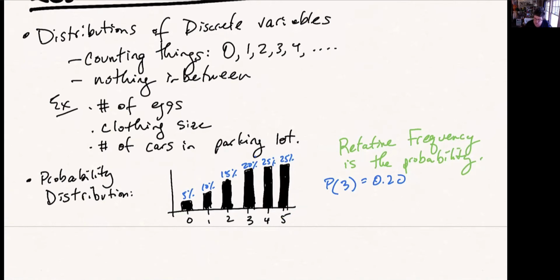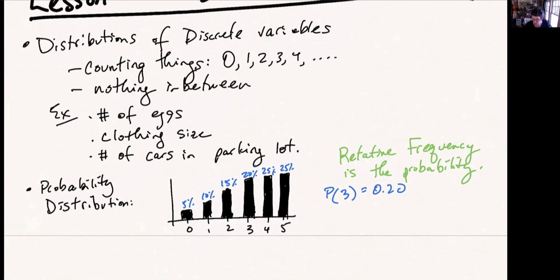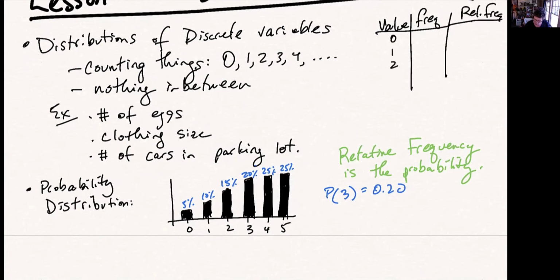If we have a frequency distribution table, it would look like this, where I'd have 3 columns: the value, the frequency, and the relative frequency, where I would have 0, 1, 2, 3, 4, and 5. The relative frequency would be the values here in blue. So 0.05, 0.10, 0.15, 0.20, 0.25, and 0.25.